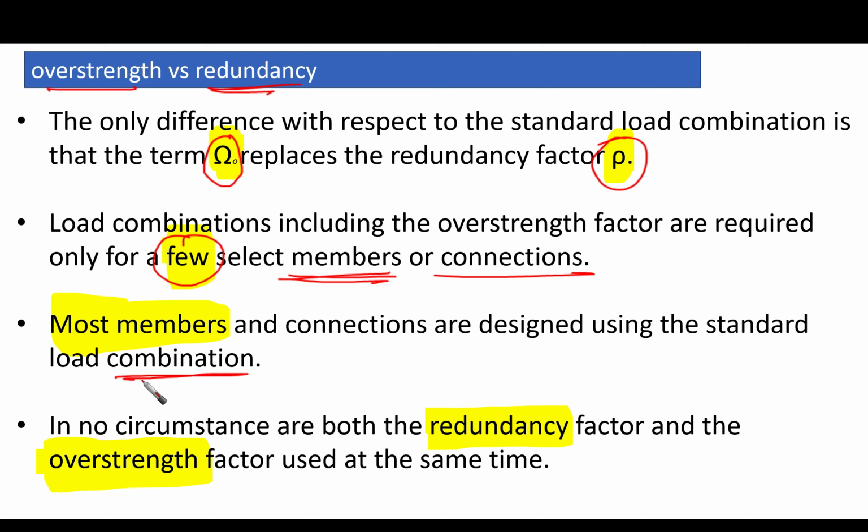The standard load combination means what? Rho is there. The redundancy factor is going to be included. In no circumstance are both the redundancy factor and the overstrength factor used at the same time. You cannot say that I'm going to use rho plus omega at the same time. No, it wouldn't happen. Okay, this one or this one. Redundancy is commonly used, overstrength rarely used, or used only for special elements.